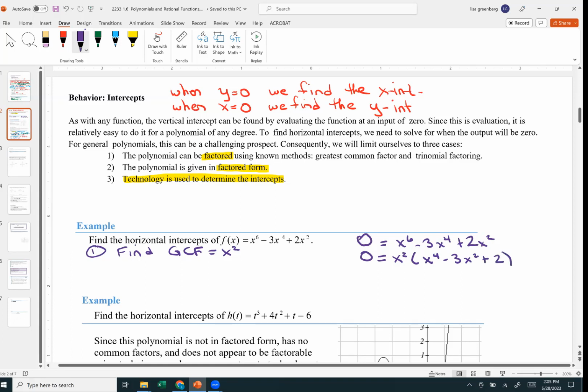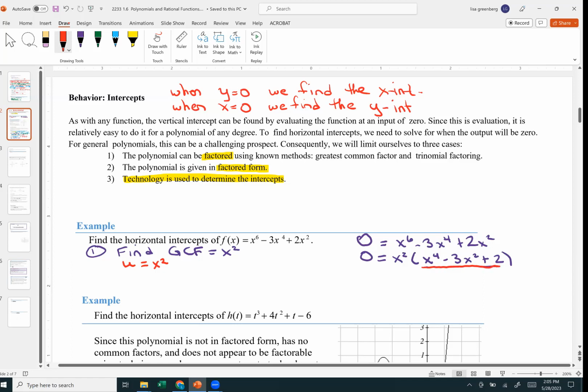Okay, there we go. Now we want to factor this right here. And if you don't know how to factor that, notice that, and I'm gonna use something we call substitution. Let's let u equal x squared. You'll see why in a minute. I'm only going to look at this right here because x squared is already factored.